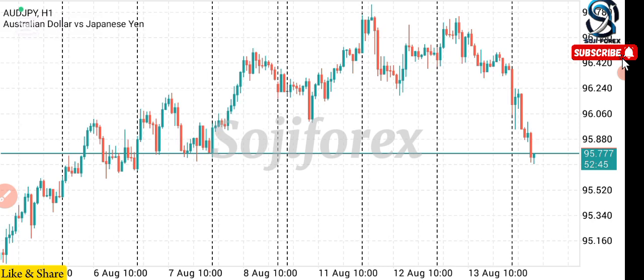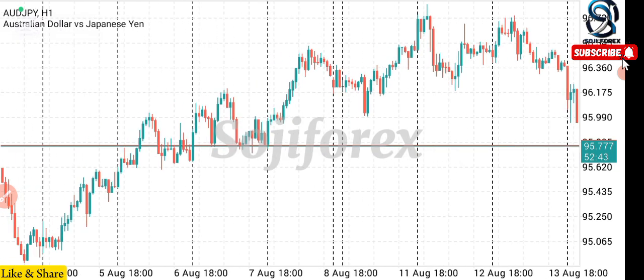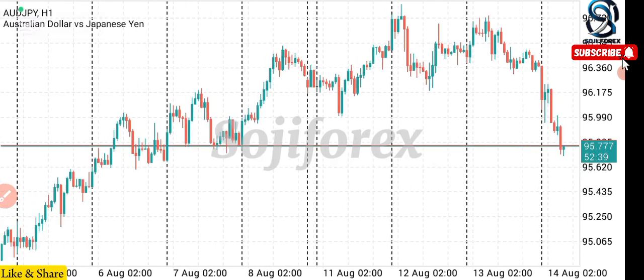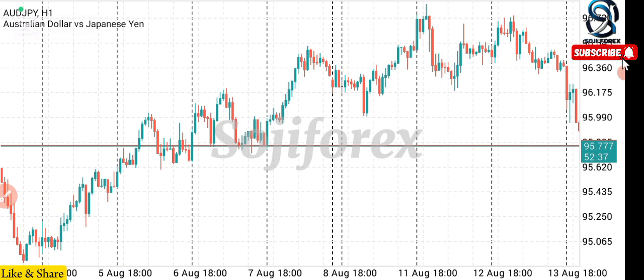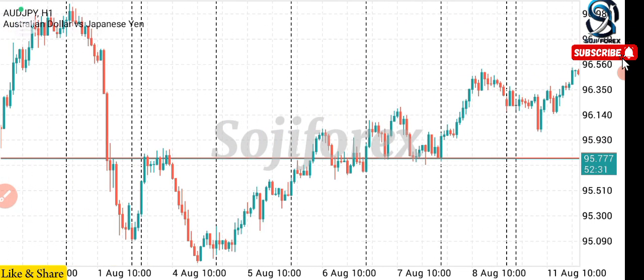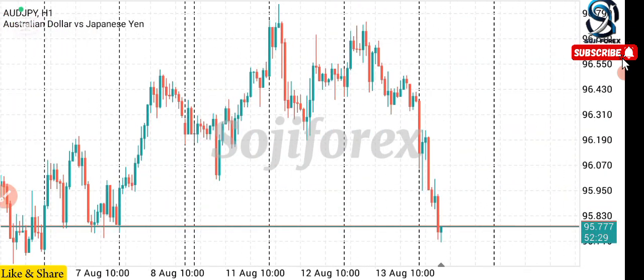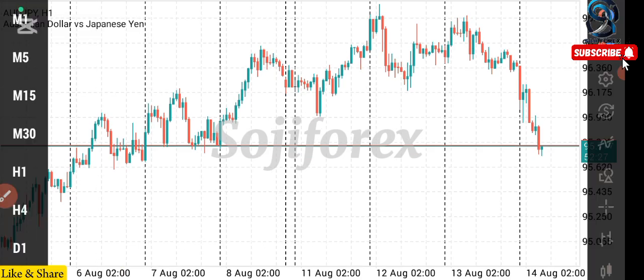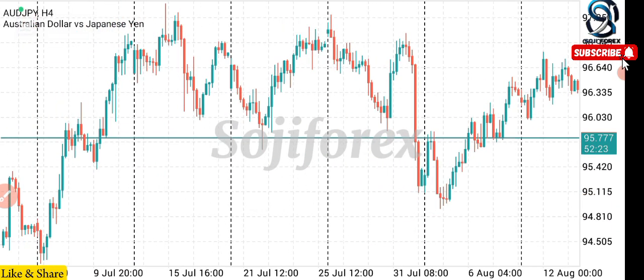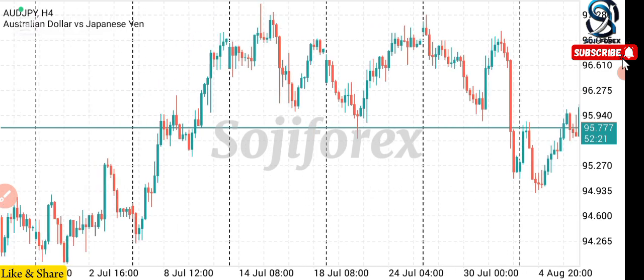Remember, we always begin by identifying the trend of the market. Everything about this begins with, first of all, identifying what is the exact trend of the market. This is AUDJPY, and as you can see, price has been bullish. So this is a typical uptrend. Price has been bullish over time.